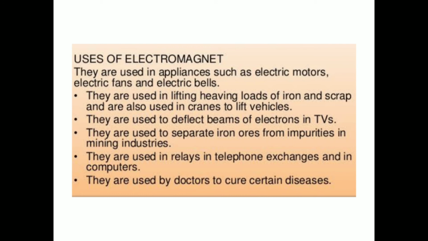They are used to separate iron ores from the impurities in the mining industries. Then they are used by doctors to cure certain diseases also. They are used to deflect the beams of electrons in the TV. So these are the various uses of the electromagnet.